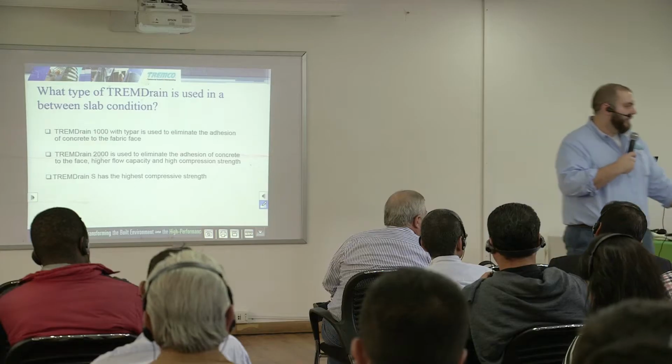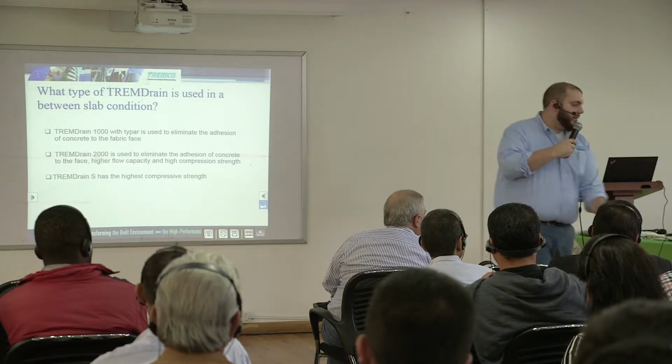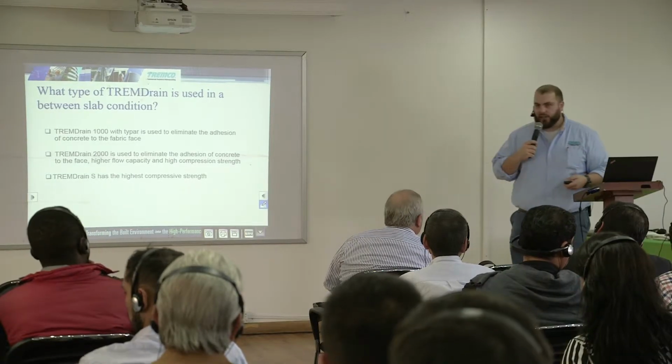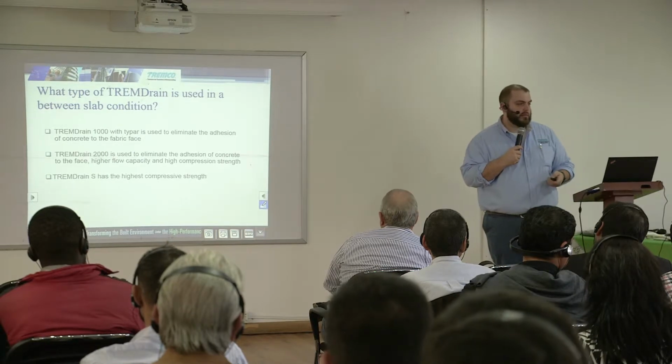I only have one sample of this, but I'll pass it out. You can feel it. It's almost like Kevlar, and it's hard for concrete to bond to. TREMDrain 2000 or TREMDrain S has the highest compressive strength if you have a heavy topping slab.